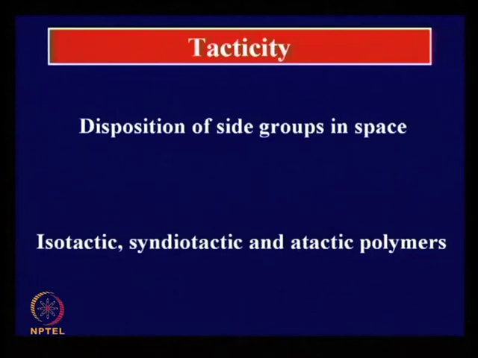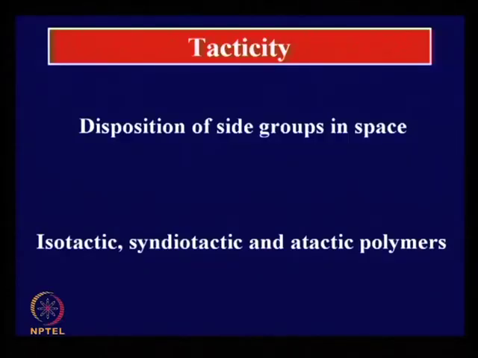Well, tacticity, disposition of side groups in space. Through that disposition, we get three different geometric configurations: isotactic, syndiotactic, and atactic. Then, what are the examples of polymers which can show such configurations?